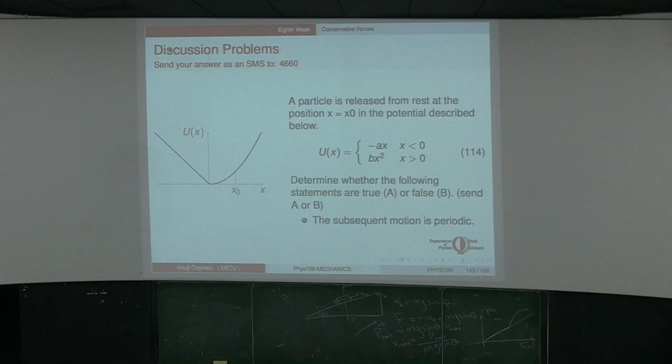If there is friction, you cannot talk about potential energy. If there is friction or tension, they are not conservative forces, you cannot talk about the potential energy of friction.